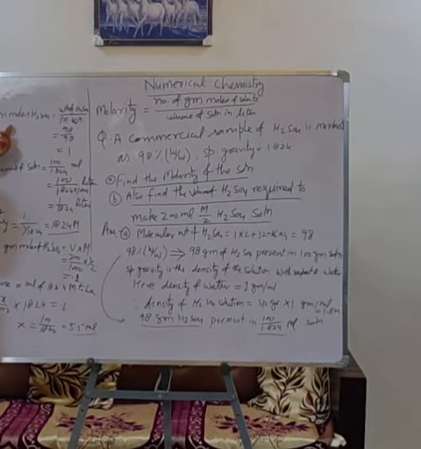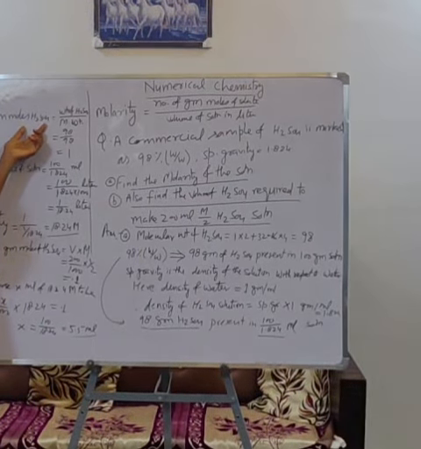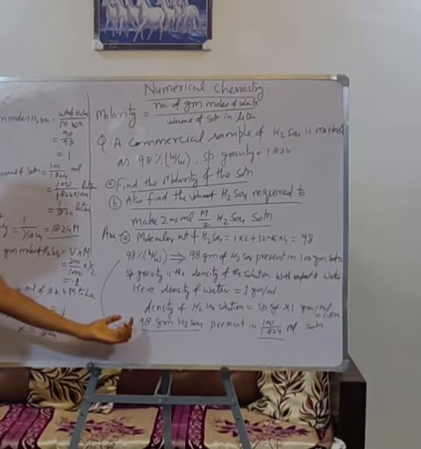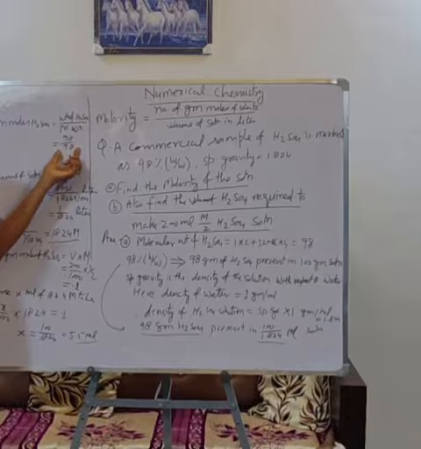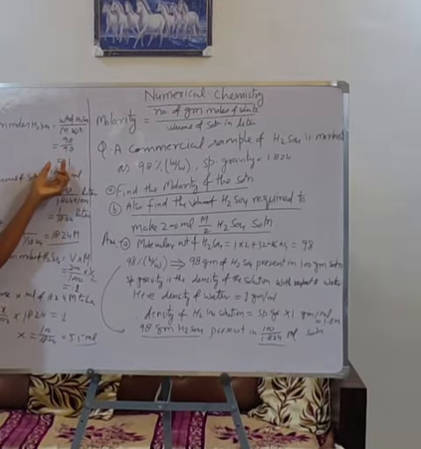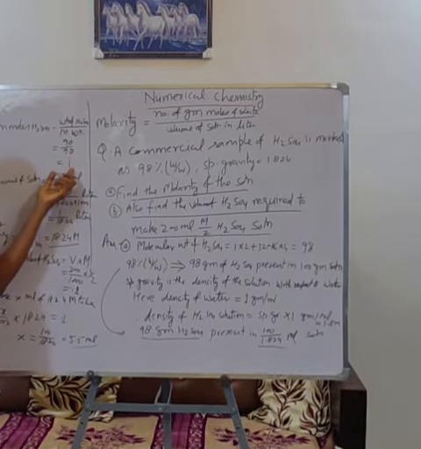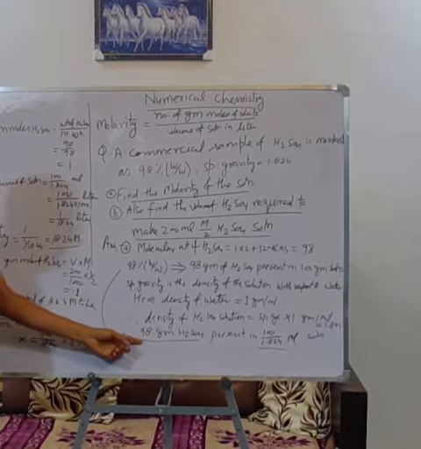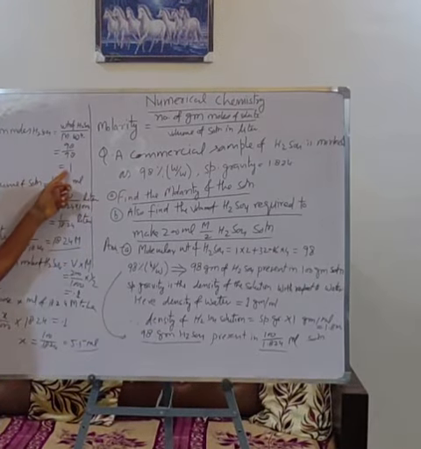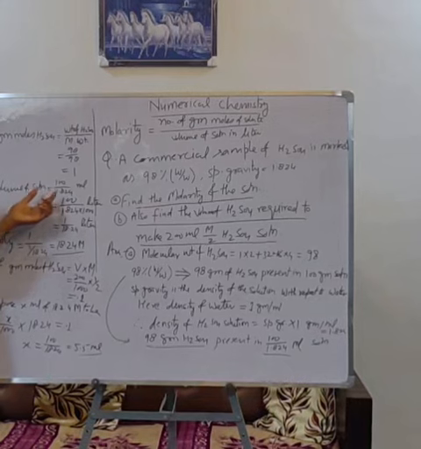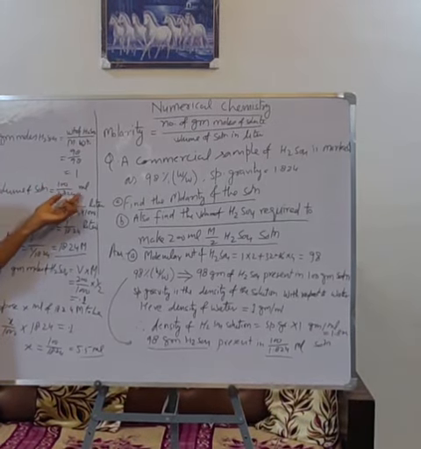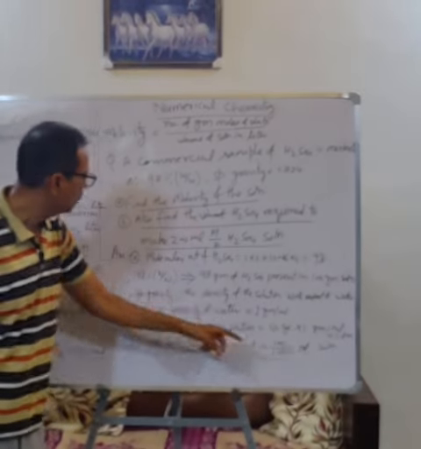Now gram moles of H2SO4 is the weight of H2SO4 divided by the molecular weight. So it will be 98 by 98 is 1. It means 98 gram H2SO4 is equivalent to 1 mole, and the volume of the solution is 100 by 1.824 ml.